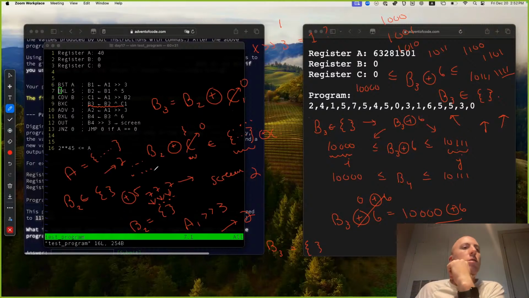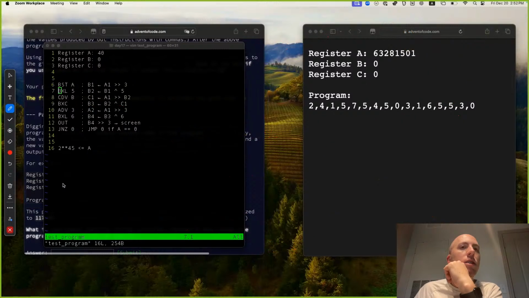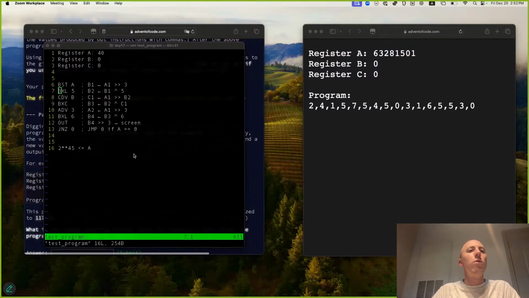So this is pretty cool. I think this is a good thing to get us a little unstuck, and let's see if we can get anywhere with it.